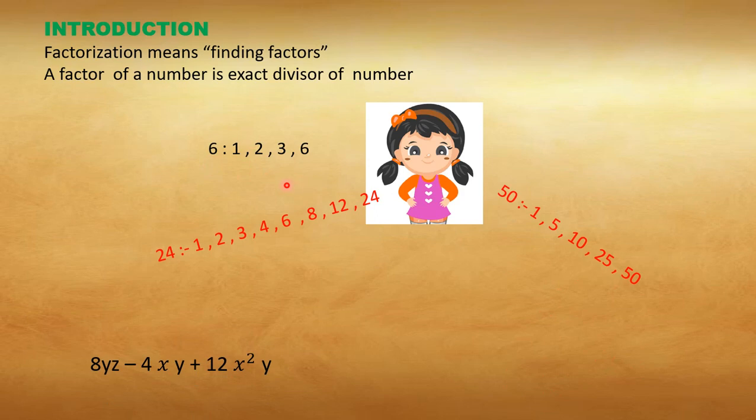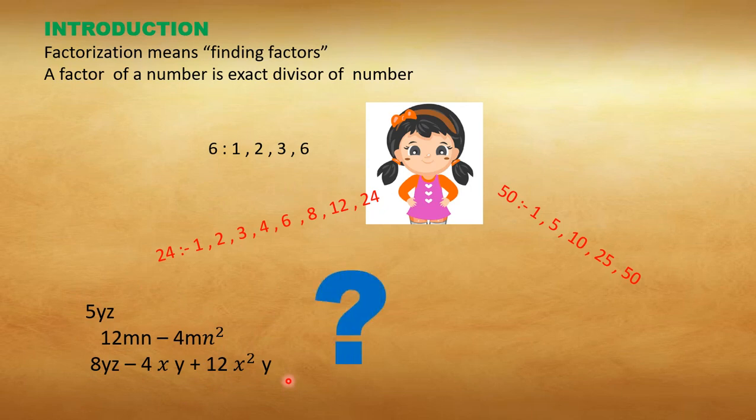Now let's take this example: 8yz minus 4xy plus 12x square y, 12mn minus 4mn square, 5yz. Are we able to find the factors of all these three? No, as we know that all these are algebraic expressions.